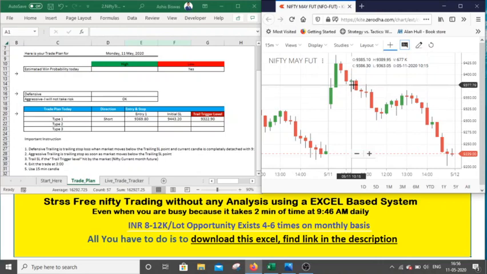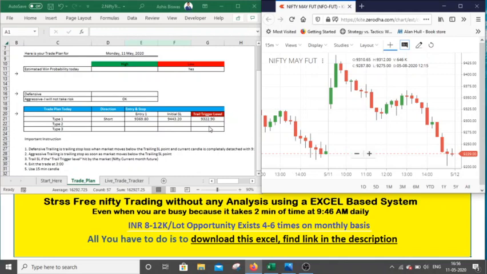That's it. As you can see today, in this candle the market moved below 9322.90. That is the reason we trail our stop loss cost to cost after this candle.